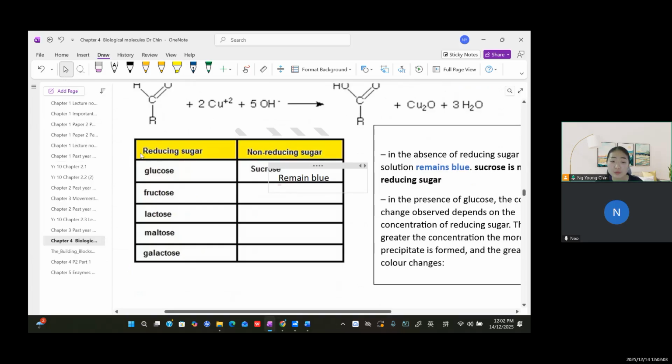But when you mix a reducing sugar with the Benedict solution, it will change color from blue to brick red precipitate.